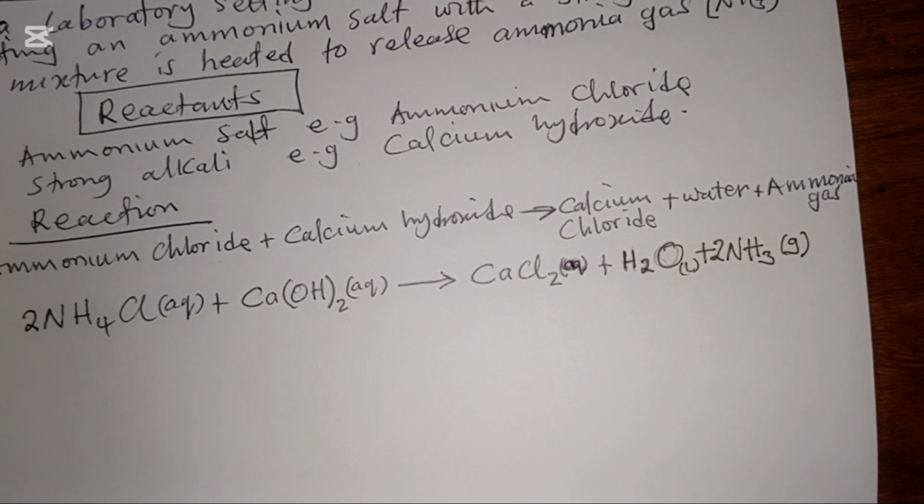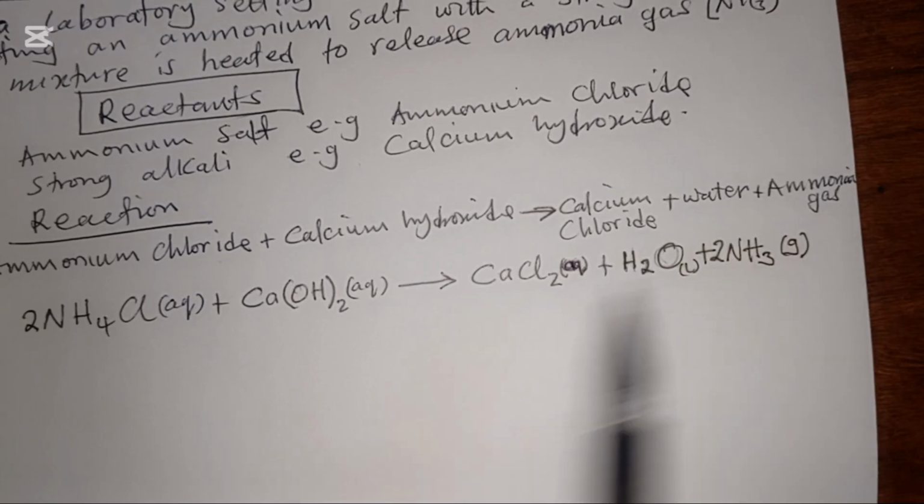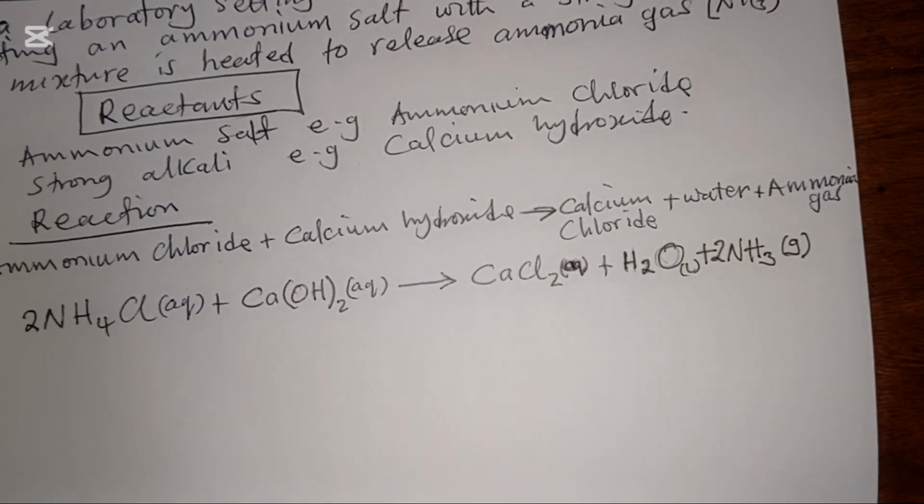So now, when ammonia is produced, the ammonia gas is passed through quicklime, which is calcium oxide. So calcium oxide is a drying agent. So the reason why ammonia gas should be passed through calcium oxide is to remove any moisture. So that is point number one.